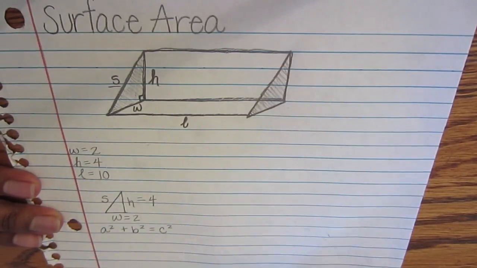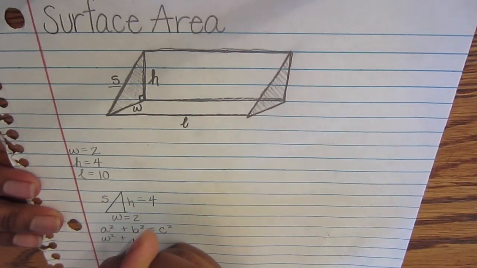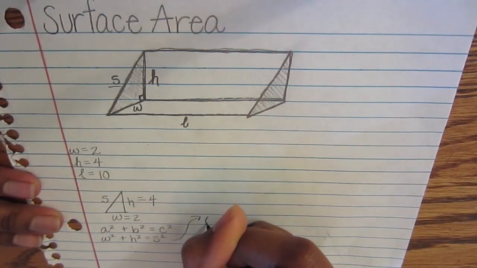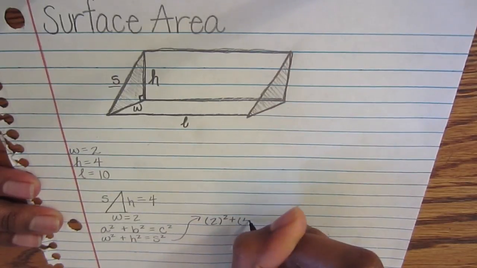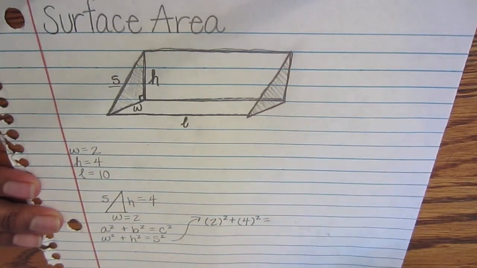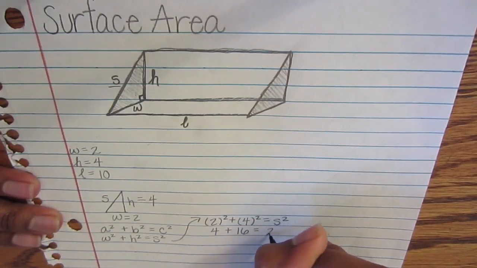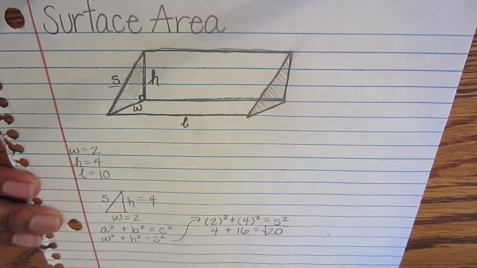So if you replace that with the sides, w squared plus h squared equals s squared. 2 squared plus 4 squared equals s squared. 4 plus 16 equals 20. So you take the square root of 20, and that's what s equals.